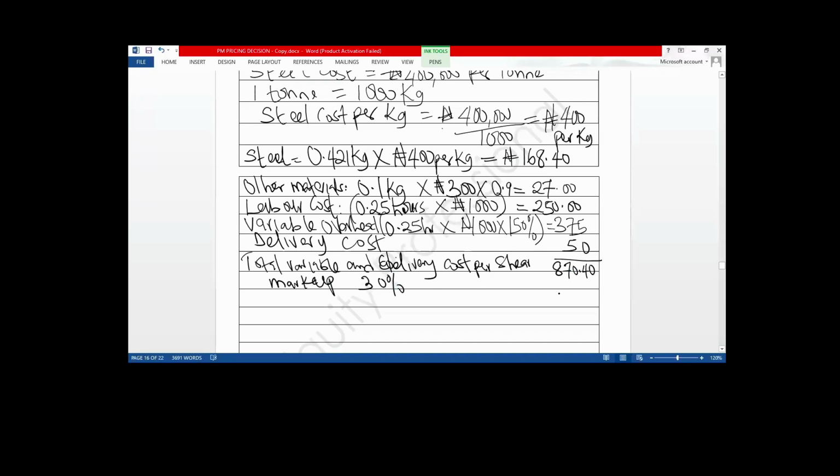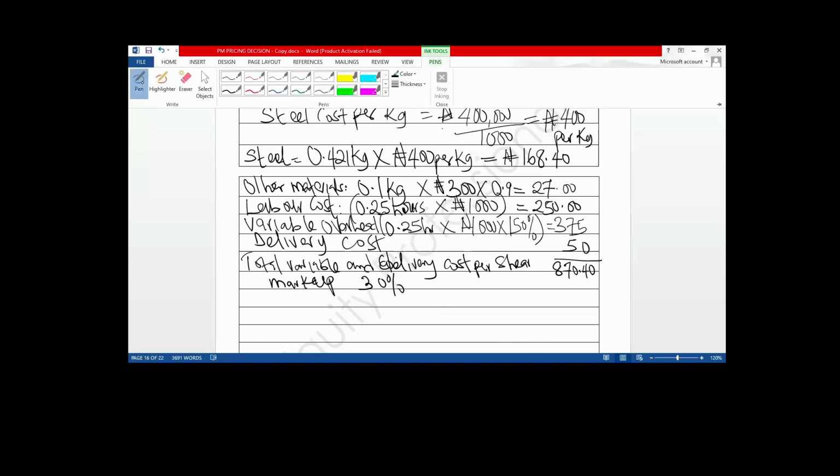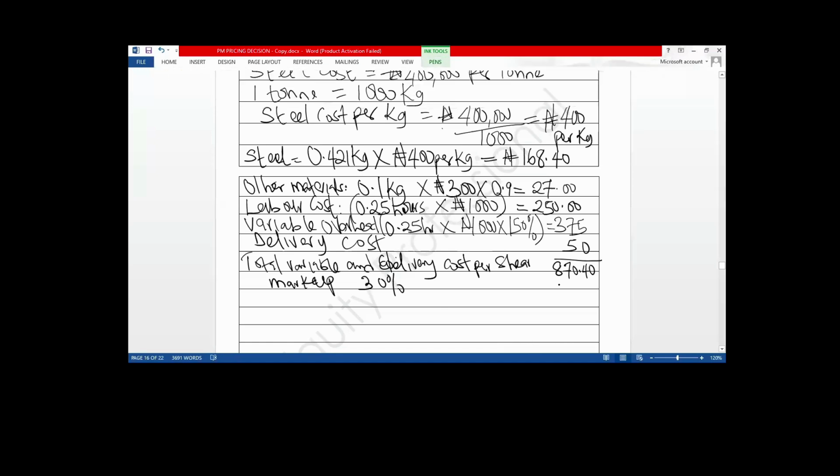Please compute 30% and add back. 30% is 261.12.